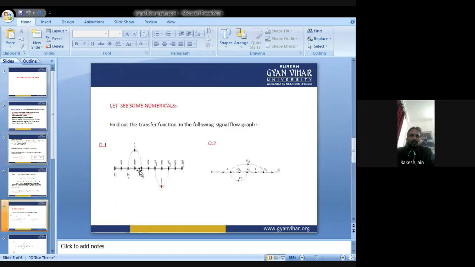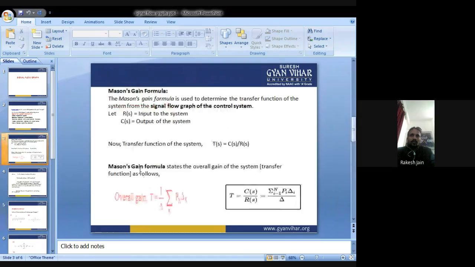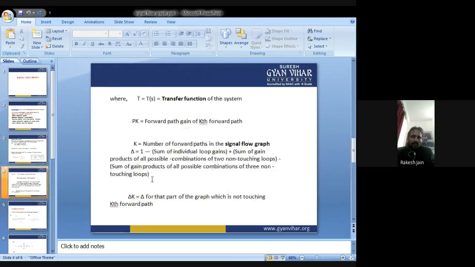Now what is the meaning of del? I also write down all these things which I told you earlier. So K is the number of forward paths of the signal flow graph. What is the meaning of del? Del is 1 minus the sum of all the individual loop gains, plus the sum of all the two non-touching loop gain products, minus the sum of all the three non-touching loop gain products, and so on.